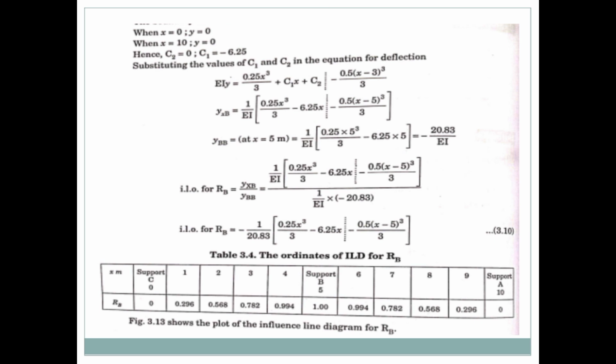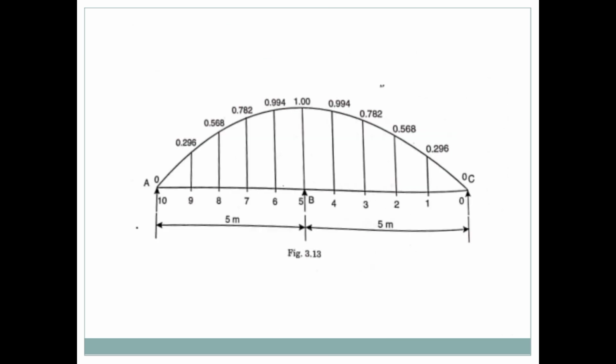Finally, by using these values, you plot the diagram on the continuous beam with span AB 5 meters and BC 5 meters. You mark the influence line values at the top of the beam. This is the deflection diagram, or you can say it is the influence line diagram. Thank you.